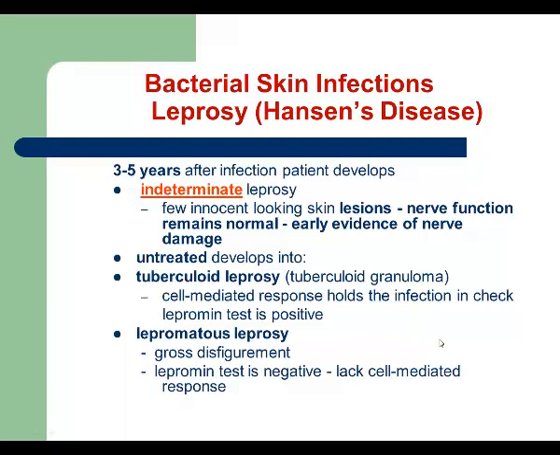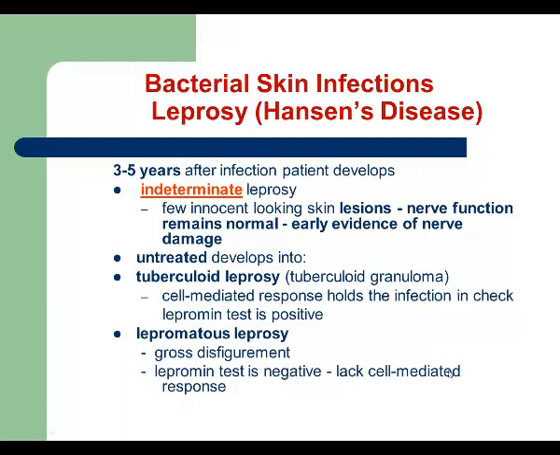When patients are in indeterminate leprosy phase, everything starts with a few innocent-looking lesions on the surface of the skin. They look like erythemas. They do not complain on the loss of nerve function, but actually if you test those nerve endings, you'll see that there is a nerve damage already occurred.